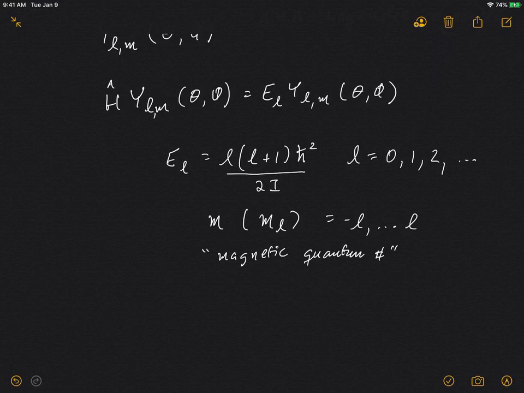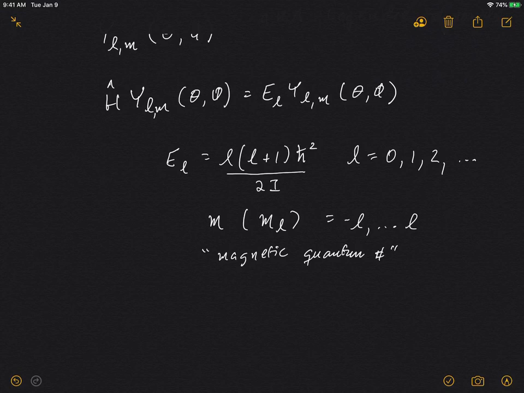And basically it's telling us something about the direction of rotation. So the L quantum number is sort of telling you how much rotation there is, and the M quantum number is telling you what rotation, and in kind of what planes, is involved. Okay, and the M quantum number doesn't affect the energy.